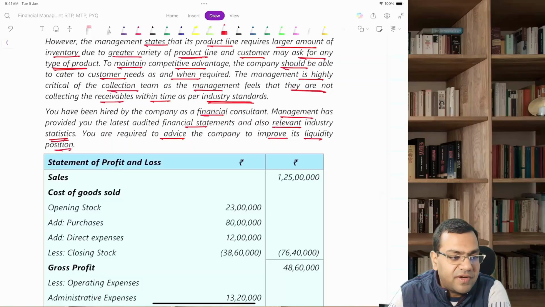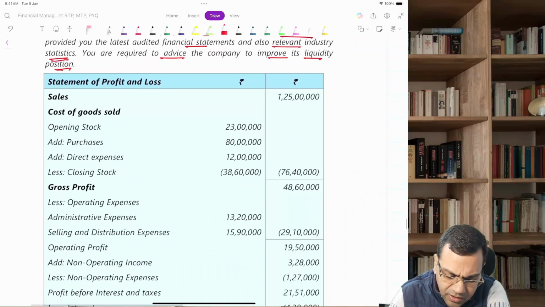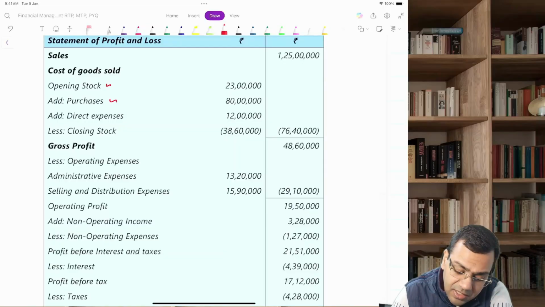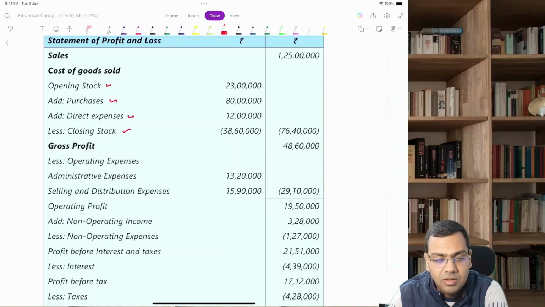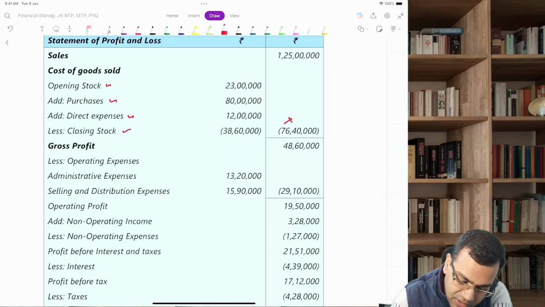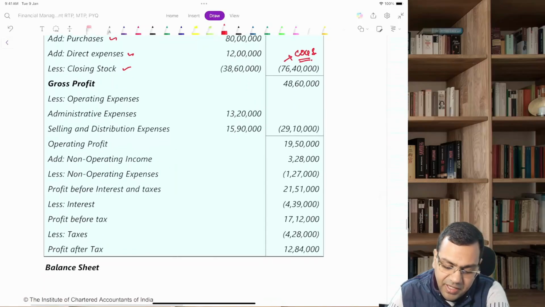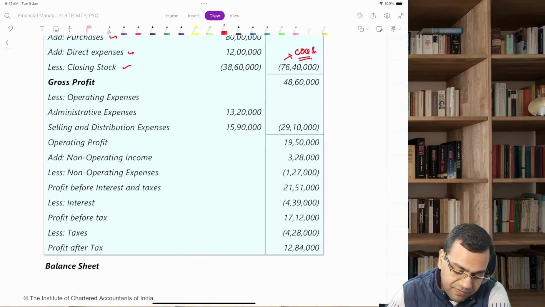Now they have given you the financials. Sales 1 crore 25 lakh, cost of goods sold, that is opening stock plus purchases plus expenses minus closing stock. So this is your COGS, right? This is the value of your COGS. Then operating expenses consisting of administrative expenses and selling and distribution expenses.